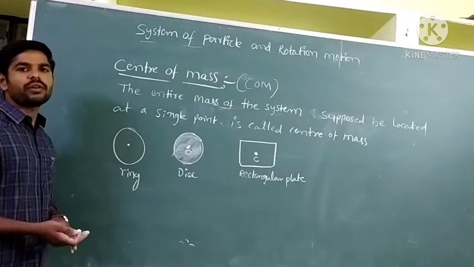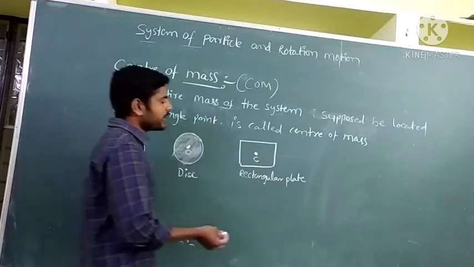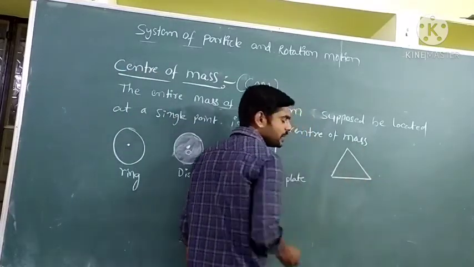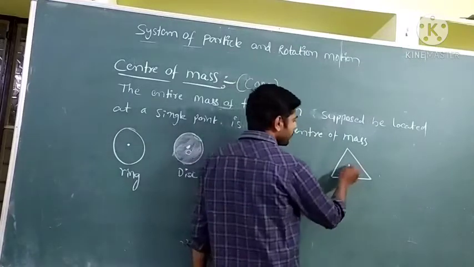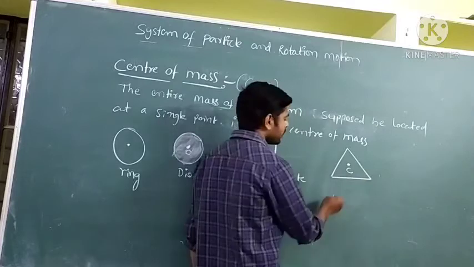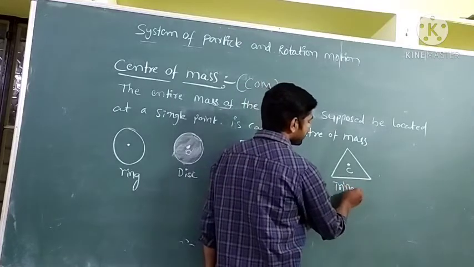Like this we have a number of examples. Suppose you take a triangle sheet; the center of mass is also located at the center. One more example I am explaining is a horseshoe. This is one of the shapes of a body. For a body like this, the center of mass is located at a point, and that is the center.